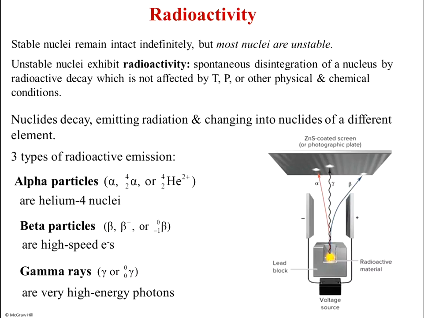As the particles pass through, they can be affected by the electric field. Alpha particles are attracted to the negative electrode, and then they'll appear on the screen. Beta particles are affected and attracted to the positive electrode. And finally, gamma particles, or gamma rays, which have no mass and no charge, they pass straight through the electric field.